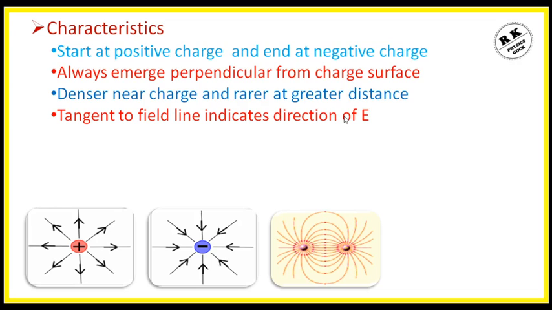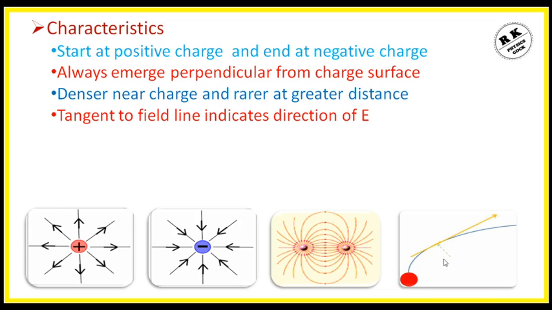The next property is that the tangent to the field line indicates the direction of the electric field. The purpose of drawing electric field lines is to understand the magnitude as well as the direction of the electric field. Now the direction of the electric field is given by the tangent to the electric field line at that particular point.